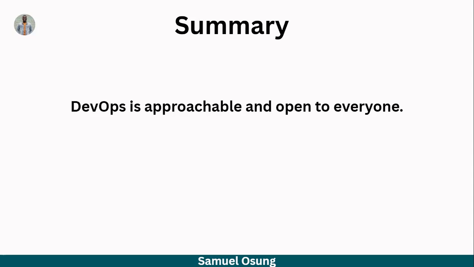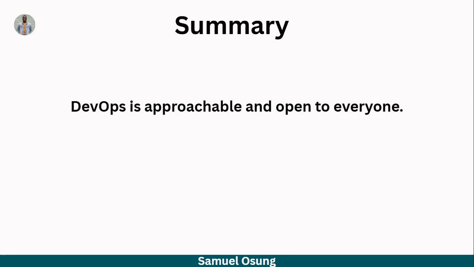So, in summary, DevOps is approachable to anyone. Before learning DevOps, you don't need to be a software engineer. You don't need to know advanced programming. You don't need to be an expert in anything. Just like we have established, what you need is basic computer skills, simple understanding of how the internet works, logical thinking, willingness to learn, good communication habits, and that is it.